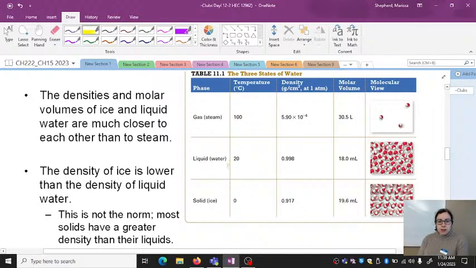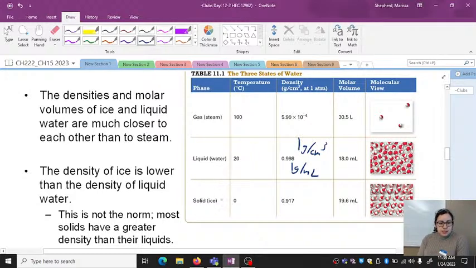Then the liquid, at room temperature, 20 degrees Celsius, has a density of about 1, so that's why water is our standard of 1 gram per centimeter cubed, or 1 gram per milliliter. We know our molar volume is 18 milliliters for 1 mole.